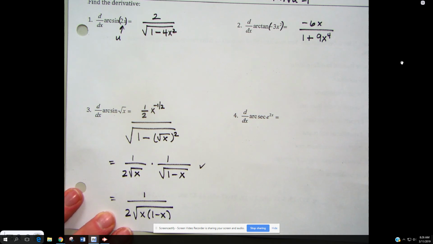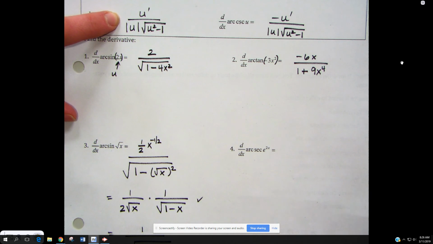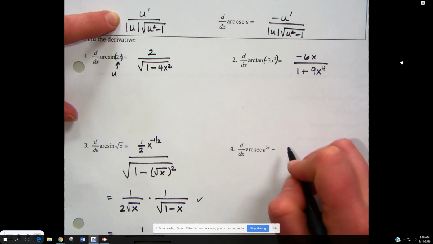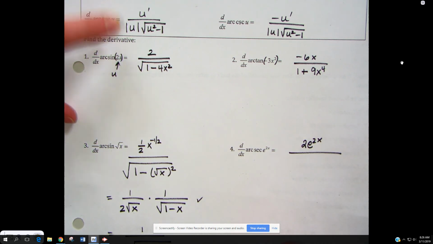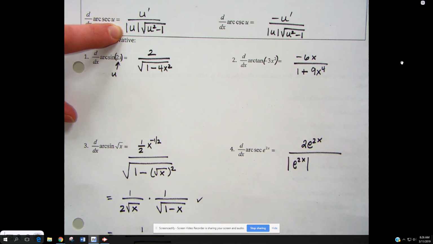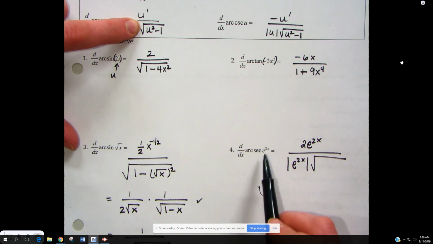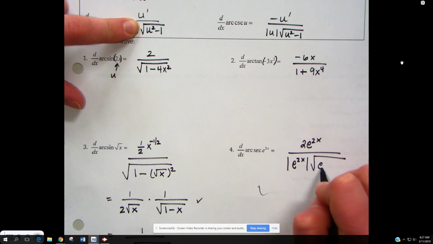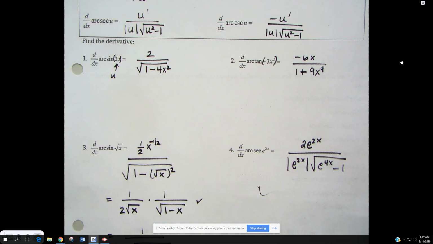Here's one with arcsecant. We can go back to that formula just a little ways above. We're going to put our derivative on top so we can practice our e to the 2x. That would give us 2e to the 2x. And then underneath, I would have the absolute value of e to the 2x, just plugging my u in, and a square root. If you square, power to a power, you multiply, so e to the 2x squared is going to give me e to the 4x, and then minus 1.